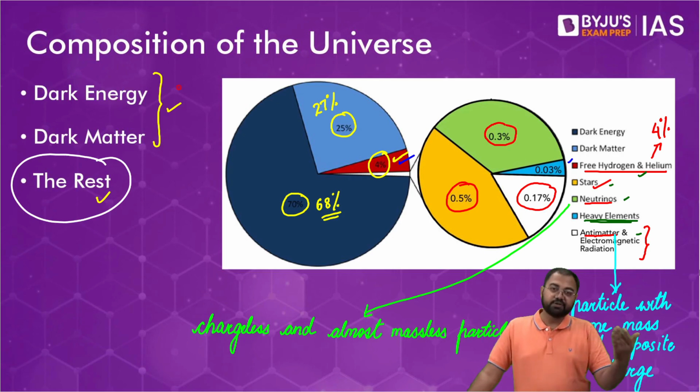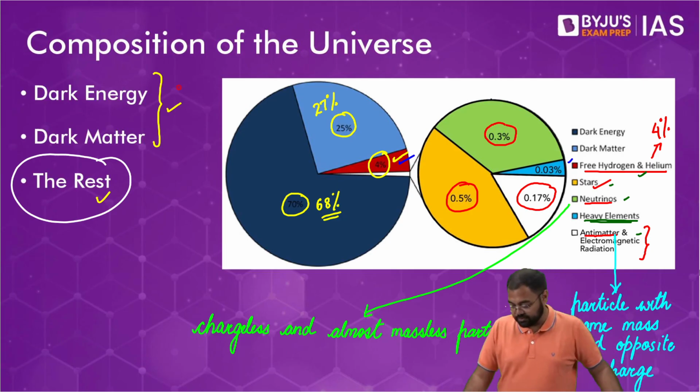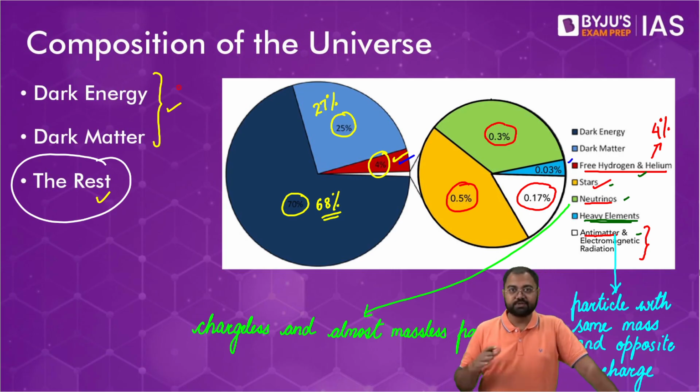So for electrons there are positrons, for neutrons there are anti-neutrons, and for protons there are anti-protons. Just that the mass will be the same and the charge will be opposite. And it is an estimation of everything that has been observed, basically an extrapolation of that.